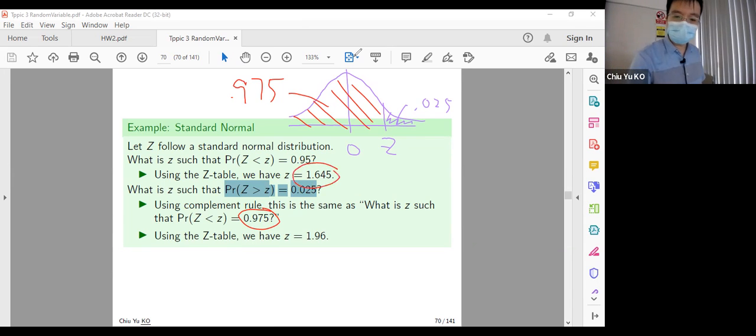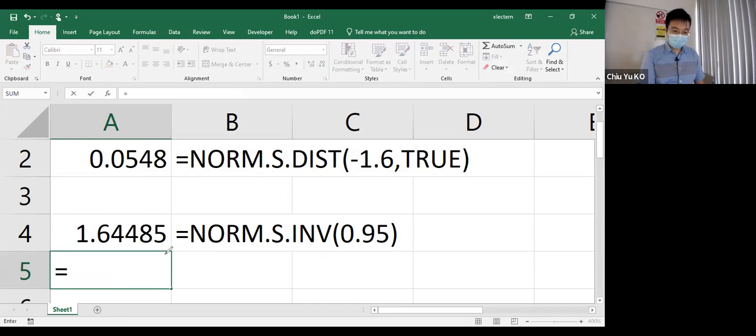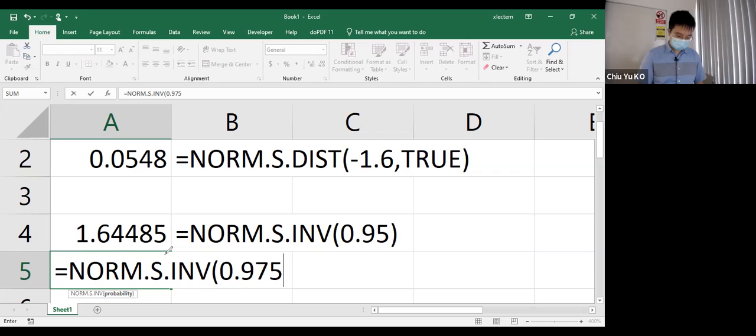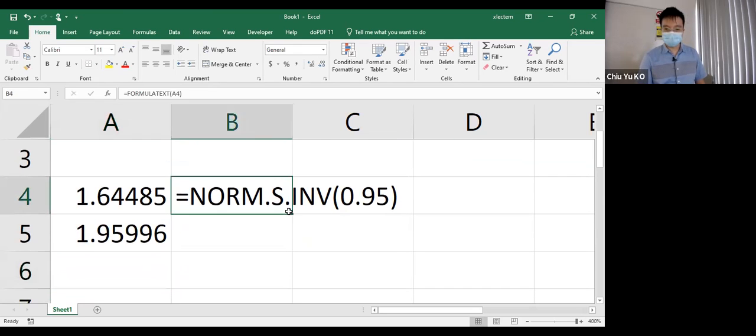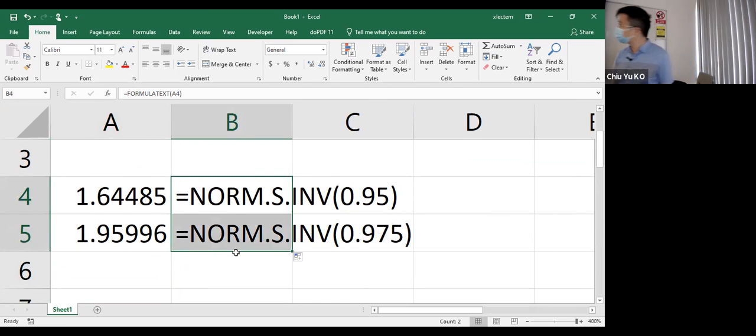Again, these two numbers are just like your boyfriend or girlfriend's birthday. If you forget, you have a problem. Let me do it. What you want is NORM.S.INV of 0.975. Just keep the number in your mind.